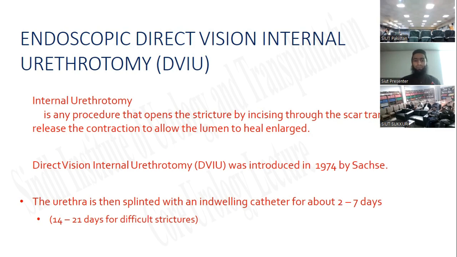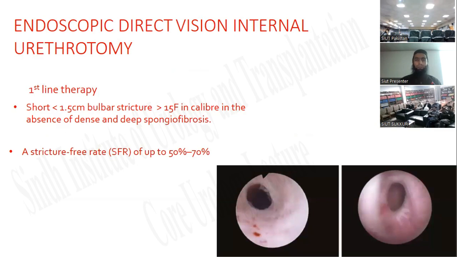The urethra is then splinted with an indwelling catheter for 2 to 7 days, or 14 to 21 days for difficult strictures, so that the urethrotomy part remains apart and the healing is by primary intention from the ends, and it is a healthy healing.